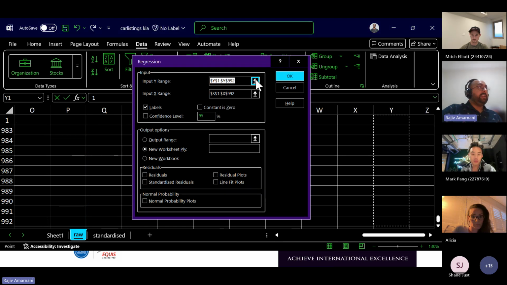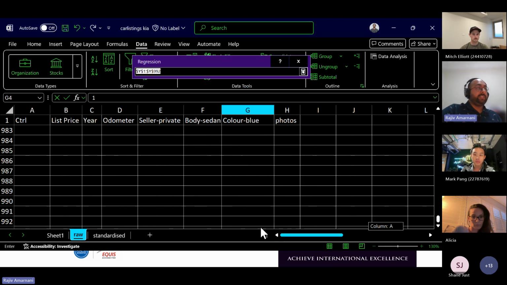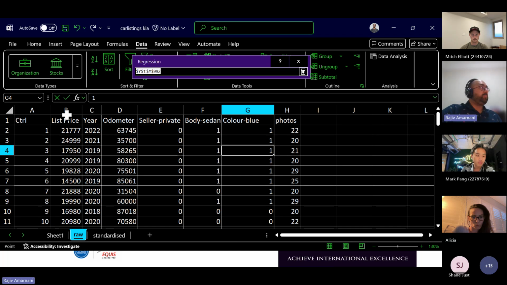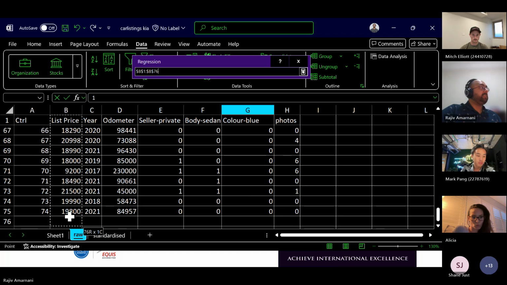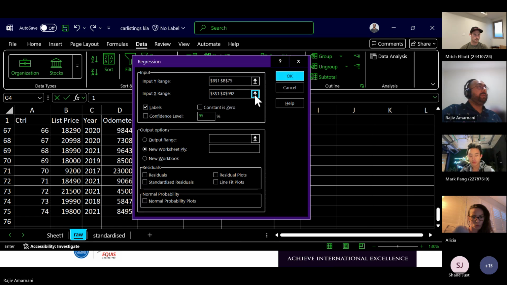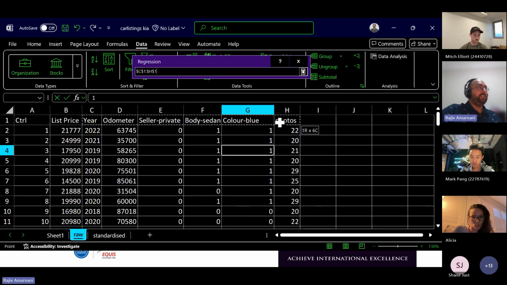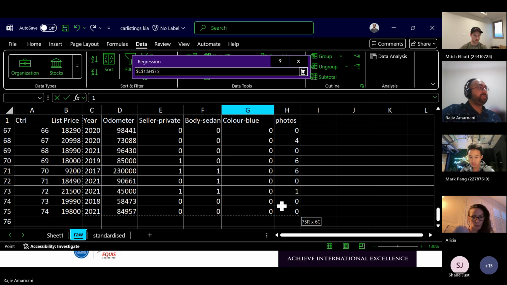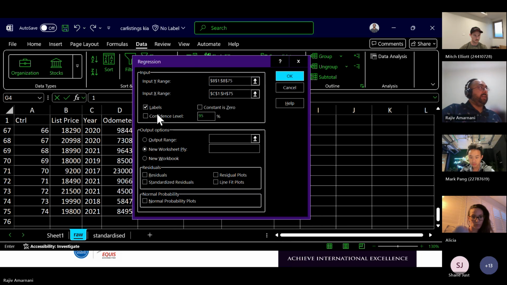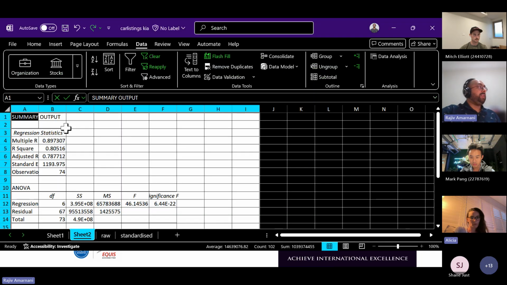The Y range is list price. The X range is all of this. That is all fine. Okay, so now we have our regression results.